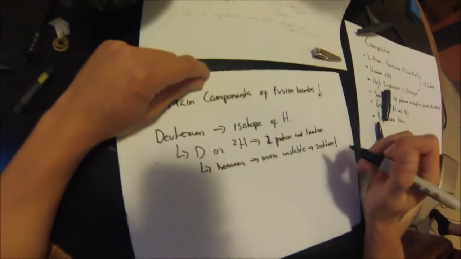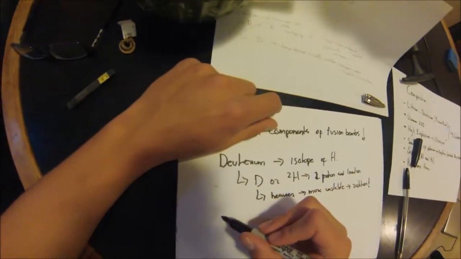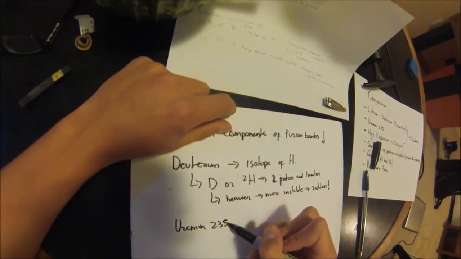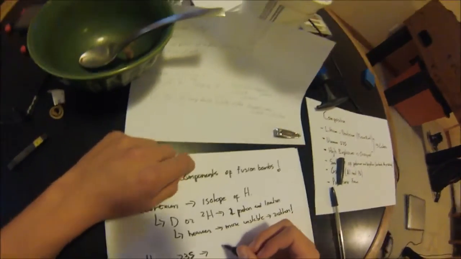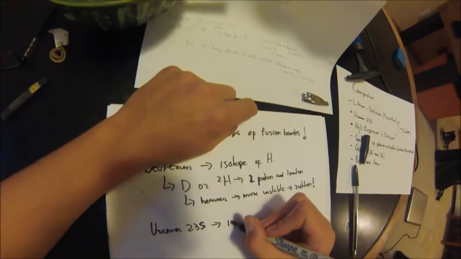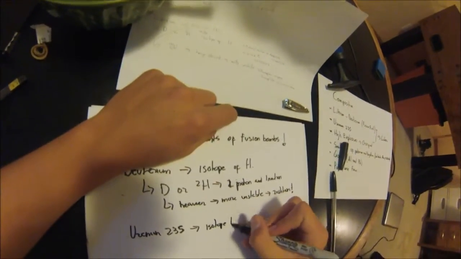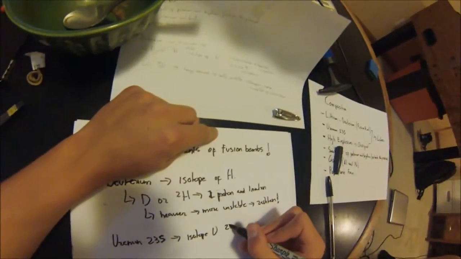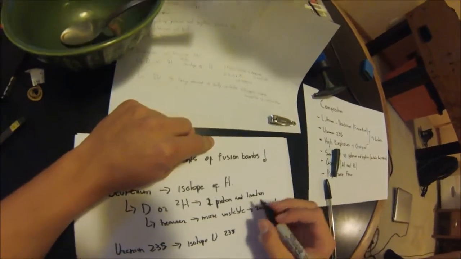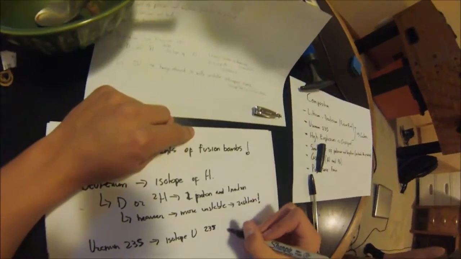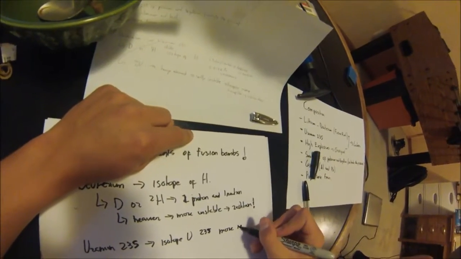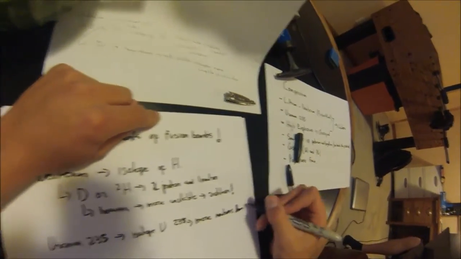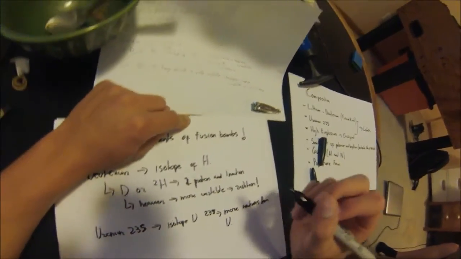And the second main component is uranium 235. Uranium 235 is an isotope of uranium that has 235 of atomic mass, having more neutrons than normal uranium.